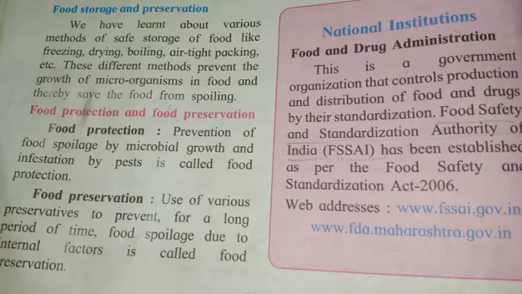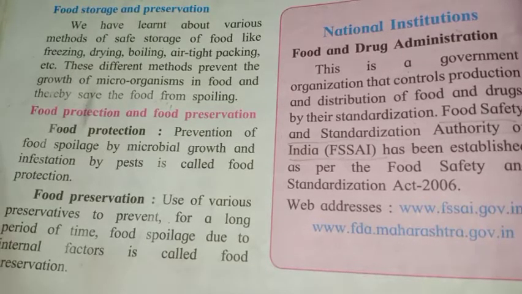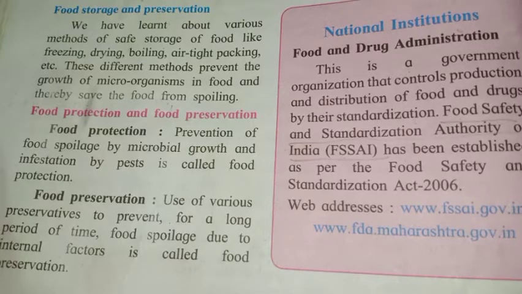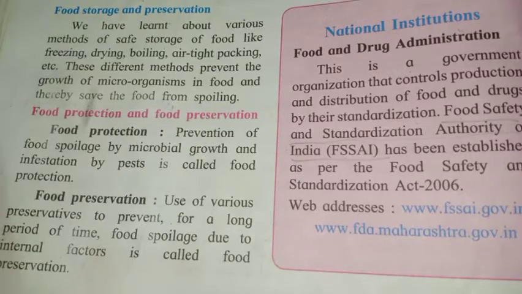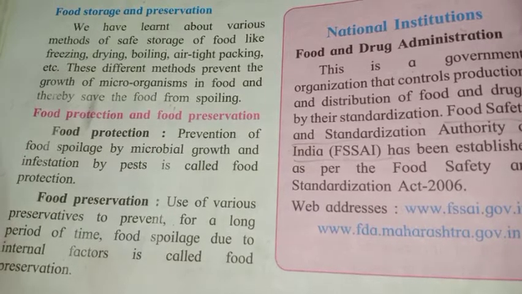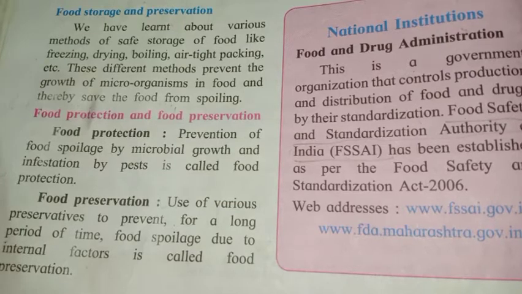Food protection means preventing food spoilage by microorganisms, growth of microorganisms, and infestation by pests. Okay, it means we are protecting food from attack of microorganisms. And the next point is food preservation. What is food preservation? Food preservation is the use of various preservatives to prevent food spoilage due to internal factors.